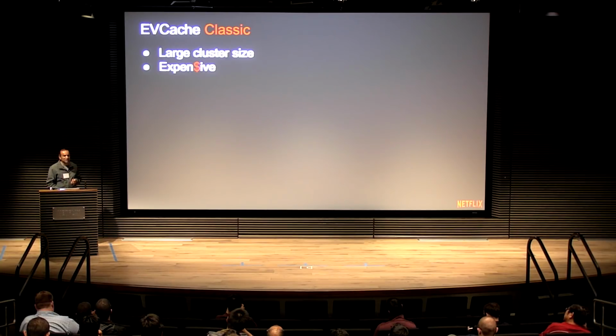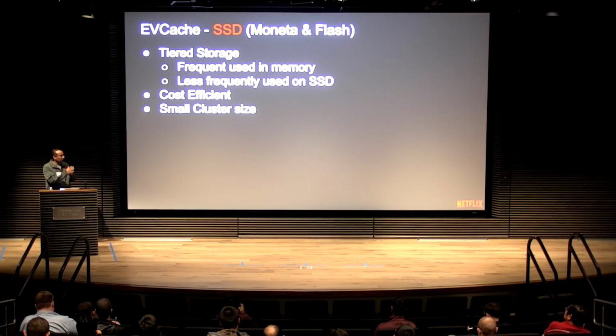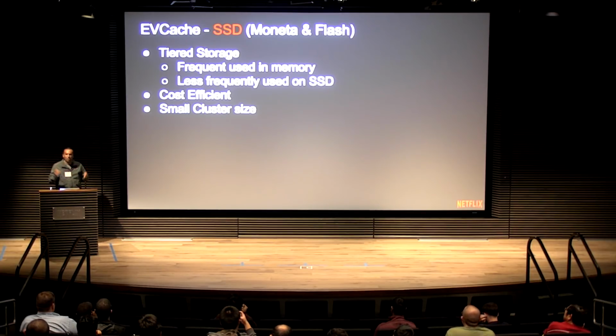That's where we started experimenting with whether we can use SSD to store some of this data. One thing that we noticed with the global replication strategy, or global Netflix strategy, is that most users are sticky to a particular region. For example, let's take all of us here. When we go to Netflix, we usually end up in US West 2.